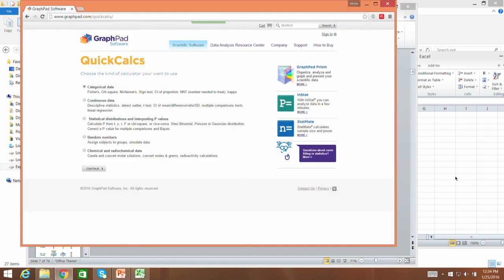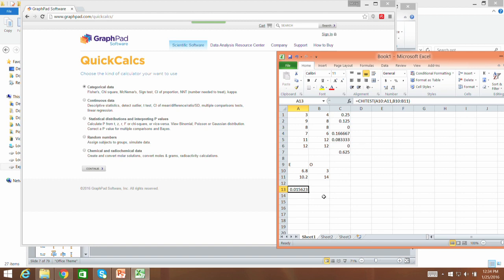The chi-square distribution table, as you know.